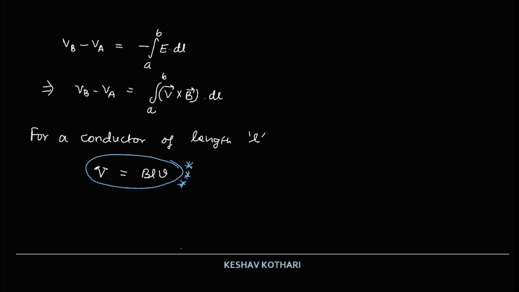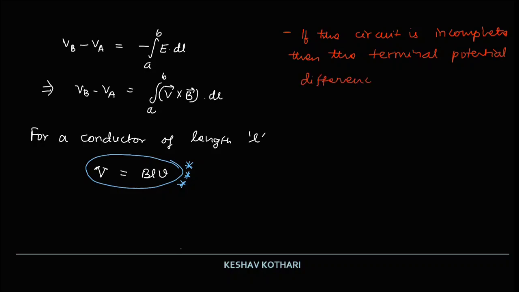So over here we write: if the circuit is incomplete, then the terminal potential difference can be written as E, which is equal to integral A to B of v cross B dot dl.